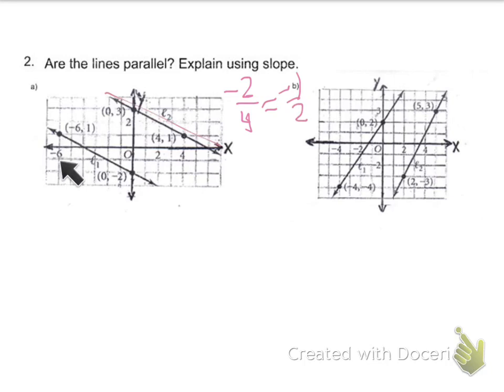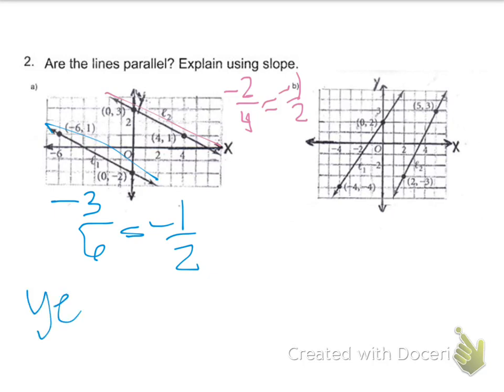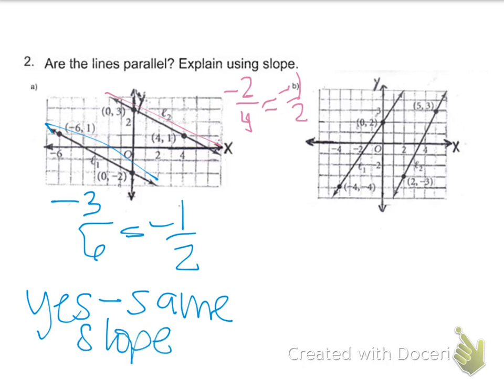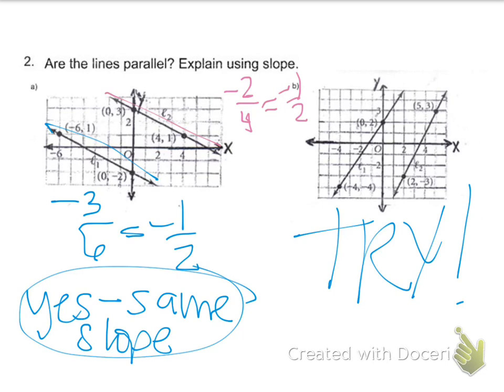I start here, I go down 1, 2, 3, over 1, 2, 3, 4, 5, 6. So this one is negative 3 over 6, which is negative 1/2. So are these lines parallel? Yes, they have the same slope. I want you to try this one.